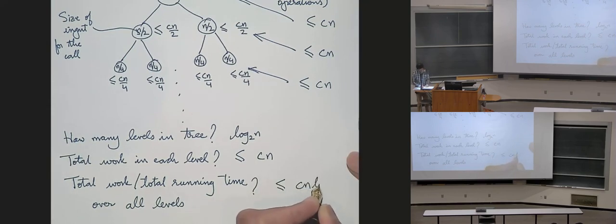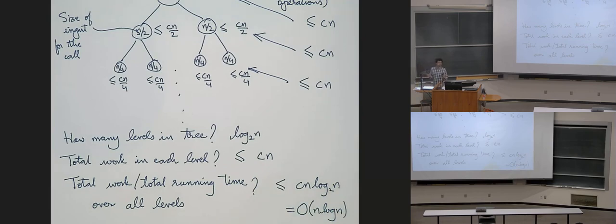That was Cn log n, which is basically O of n log n. Yeah? Okay, so hopefully this was sort of familiar, but it's useful to see this again so that your memory is refreshed.